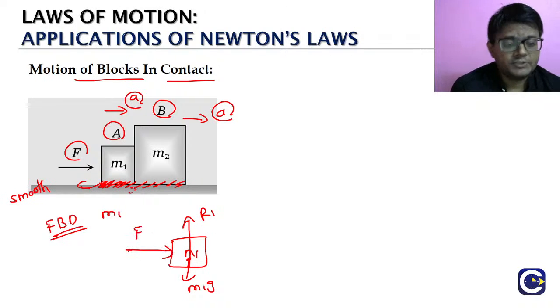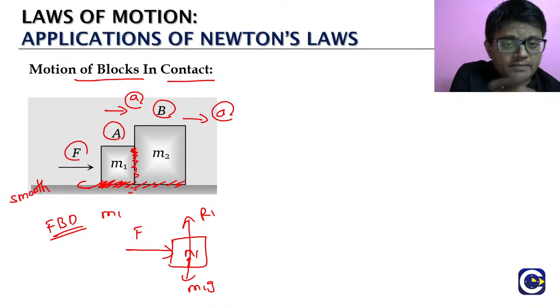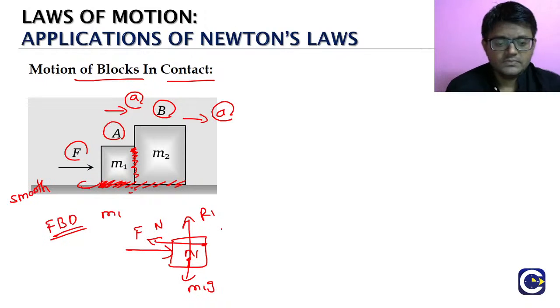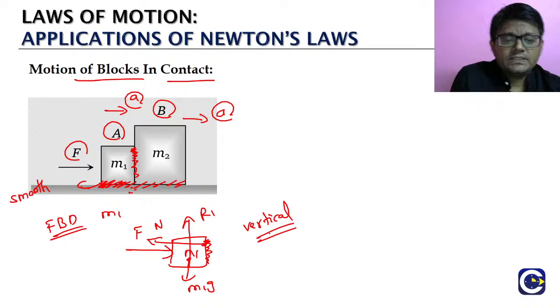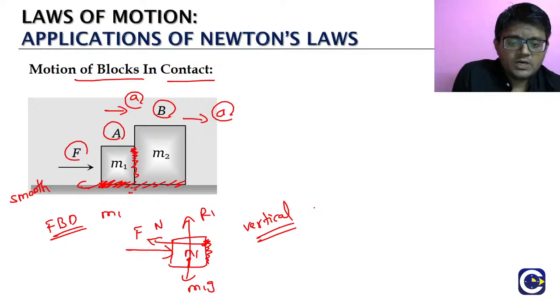There is an applied force F. And since there is contact between block A and block B, there will be a normal reaction here, let us call it N, at the contact surface on block A. If you look at the vertical direction, block A is not moving vertically. That means it is a case of balanced forces, so the upward force R1 will be equal to M1 into g.